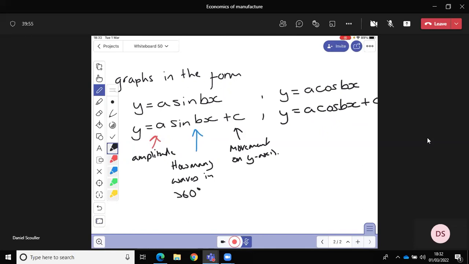Up until now we've only been working with one wave between 0 and 360 degrees. If we put a number in there, whatever number that is, that's how many full waves, start to finish, are going to be between 0 and 360.